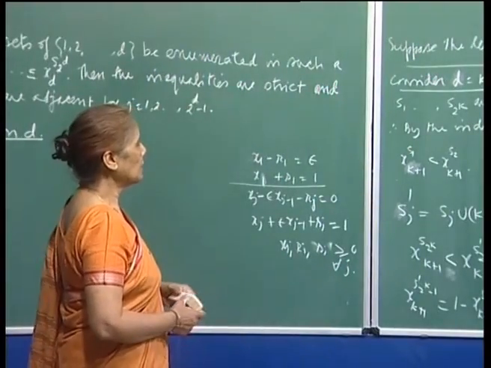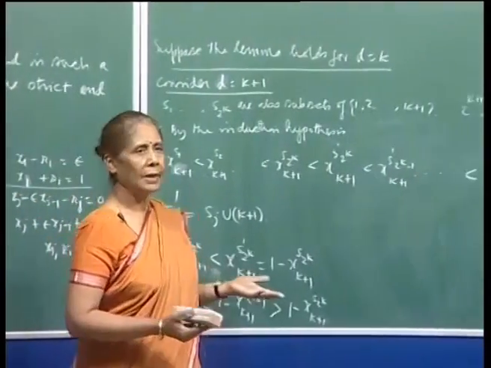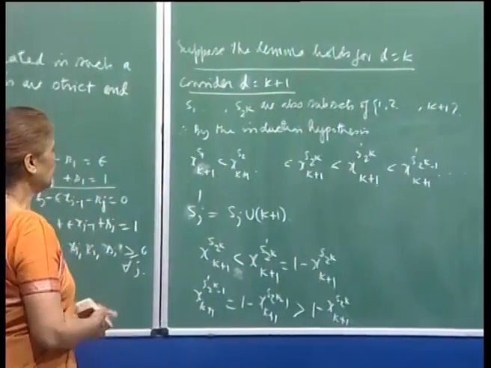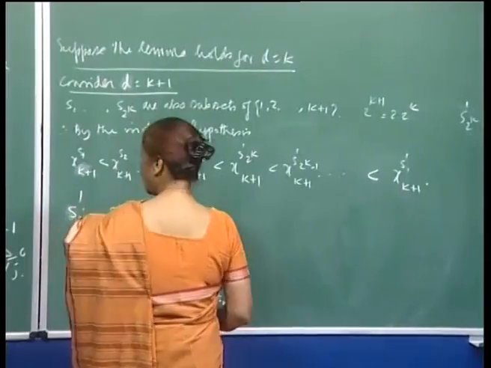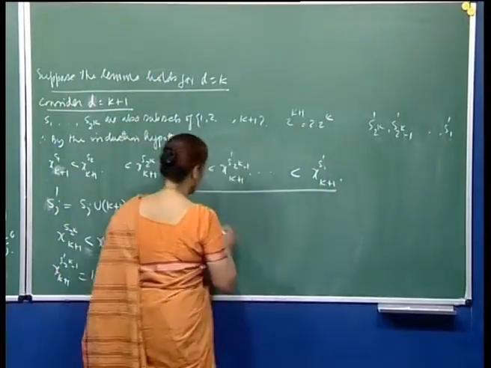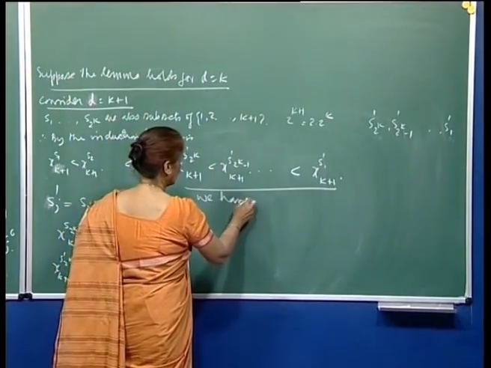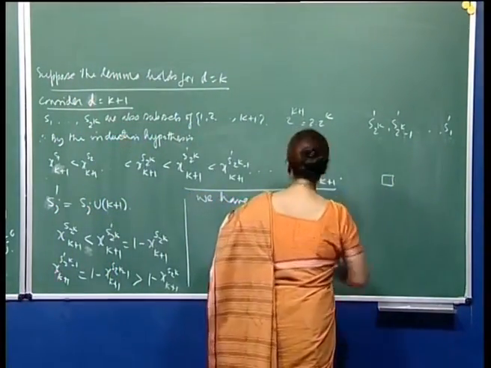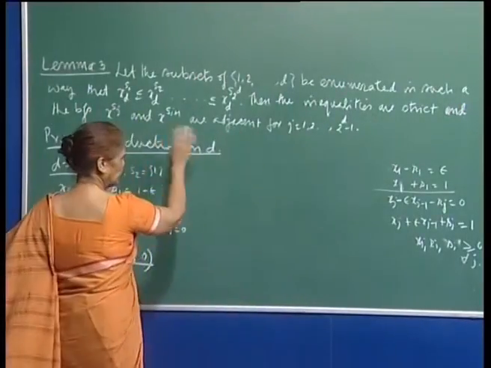So, I think the lemma, so you have shown that if you have the ordering for d equal to k, you have the ordering for d equal to k plus 1, and so you have demonstrated. The proof of the lemma is over, because the adjacency part has already been shown.